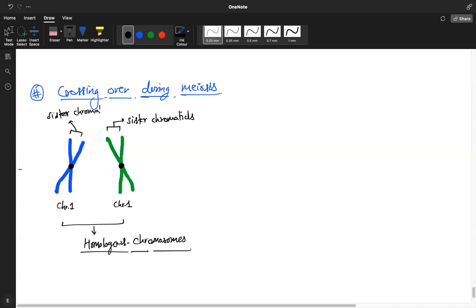Correct? But these 2 are non-sister chromatids. You understand?